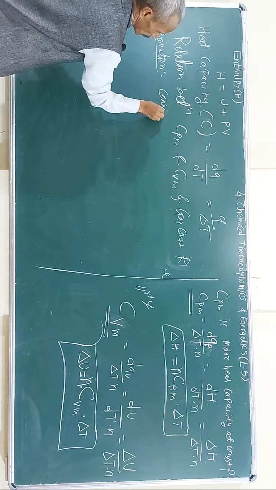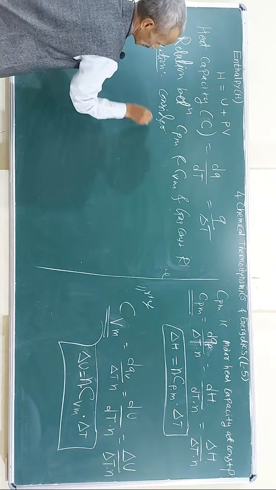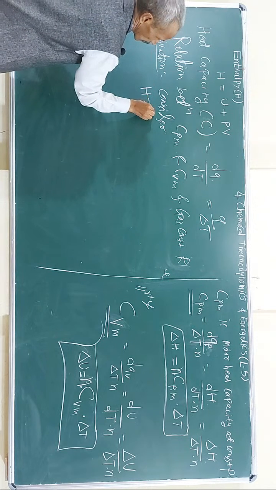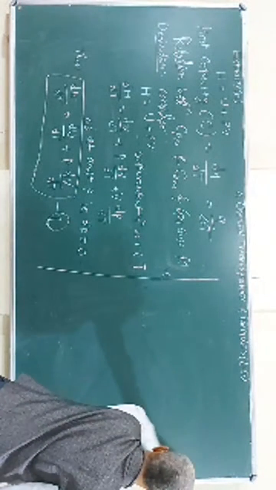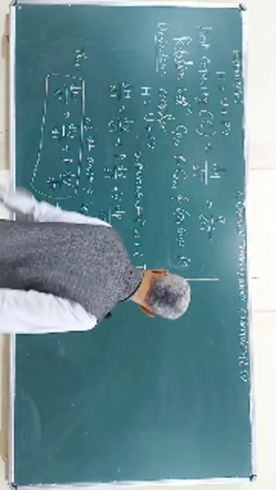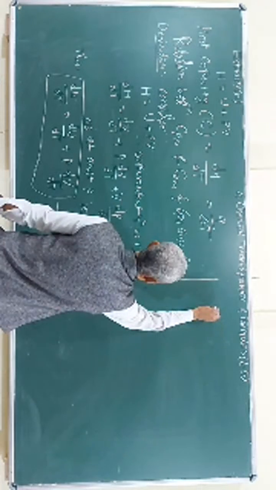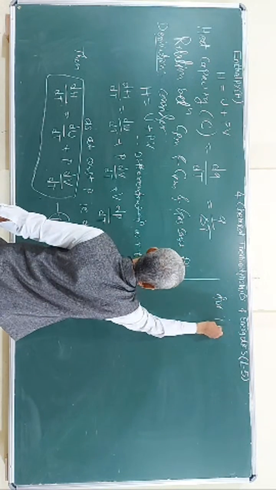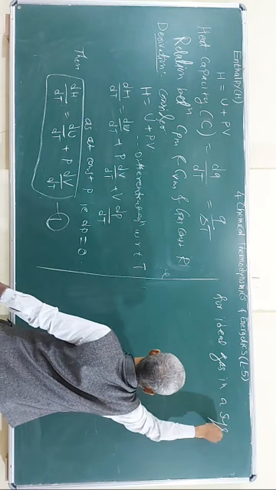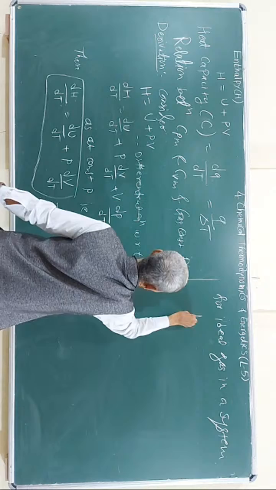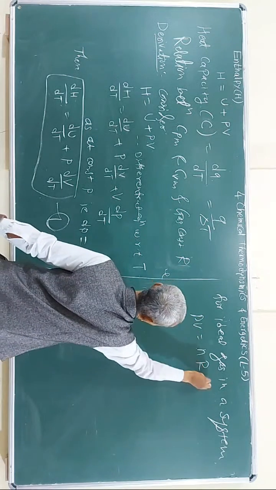Consider the relation H is equal to U plus PV. Now, for an ideal gas, the interaction between the molecules is said to be 0. Now, when an ideal gas is in a system, PV is equal to nRT.